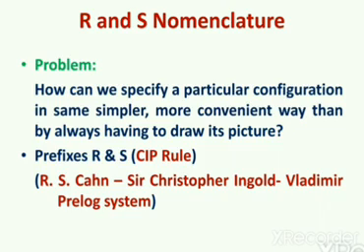To solve this problem, Cahn, Ingold and Prelog introduced a nomenclature. It is also called the CIP rule. According to this rule, we assign the nomenclature of molecules as follows.